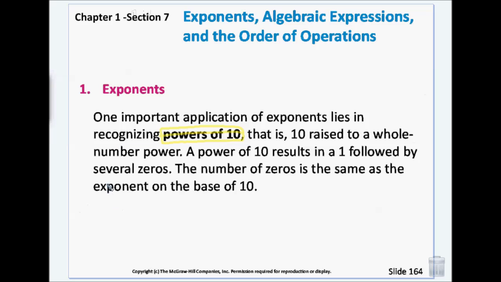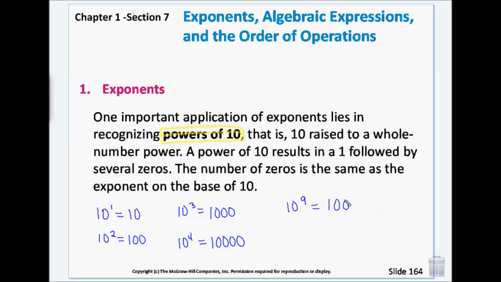All right, so if I have 10 to the 1, that's 10. 10 squared is 100, because it's 10 times 10, so that gives me 2 zeros. Exponent is 2, I have 2 zeros. 10 to the 3rd, 3 zeros. 10 to the 4th, 4 zeros. 10 to the 9th, 9 zeros.